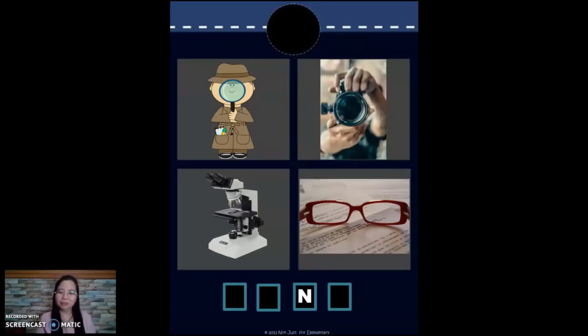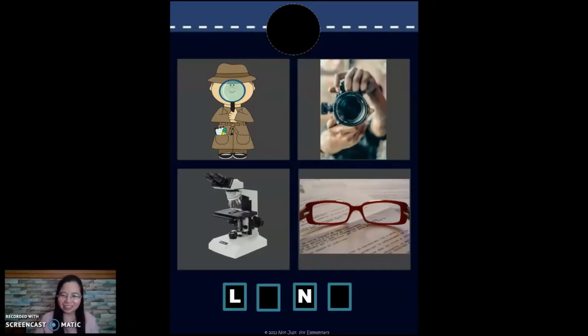Time's up. You have N there and L. So the word starts with L. You have 2 more letters to think of. What could this word be? What is common among all the 4 photos? Anyone who can guess?